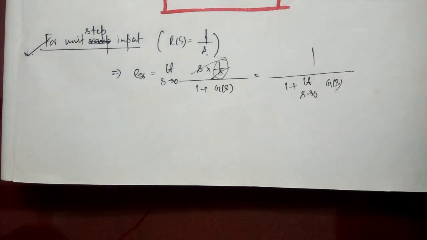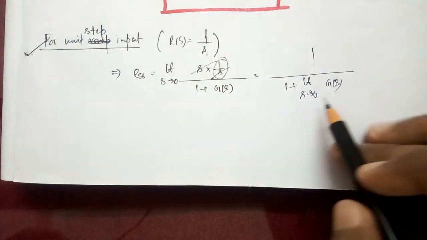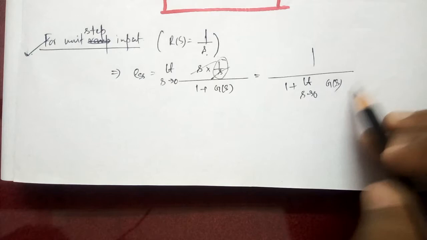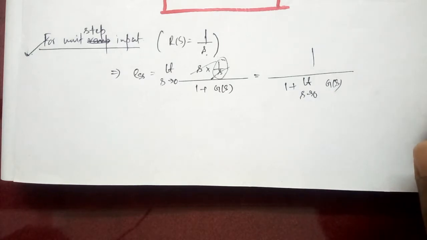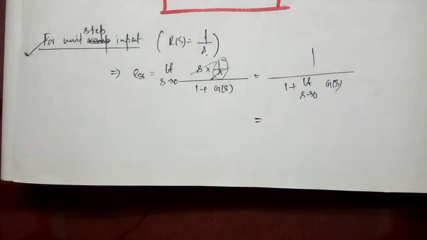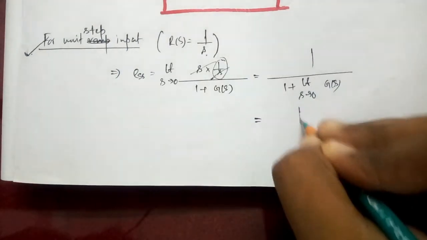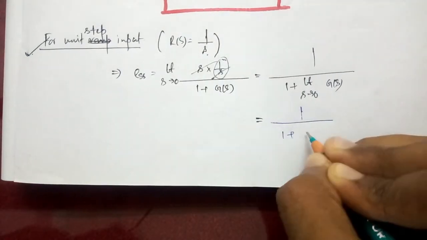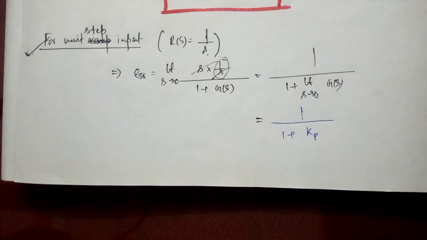This limit s tends to 0 G(s) can be anything, but finally it can be taken as a coefficient. So generally in this case we take it as 1 by 1 plus Kp.